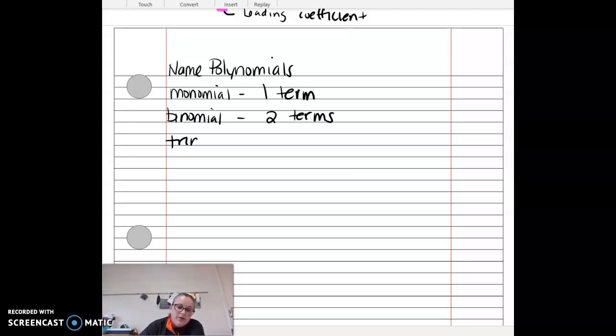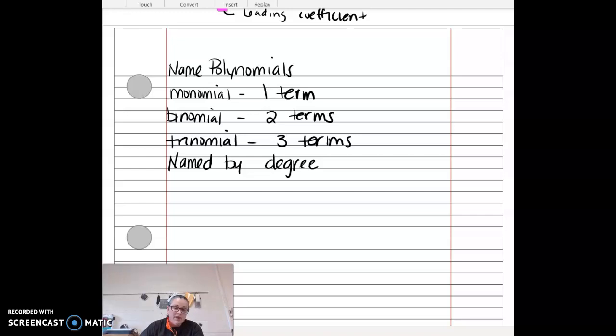A trinomial would have 3 terms. You could also name polynomials by their degree. So let's look at naming by degree.